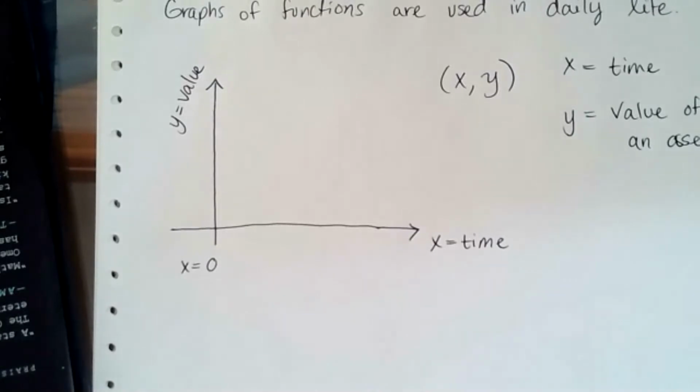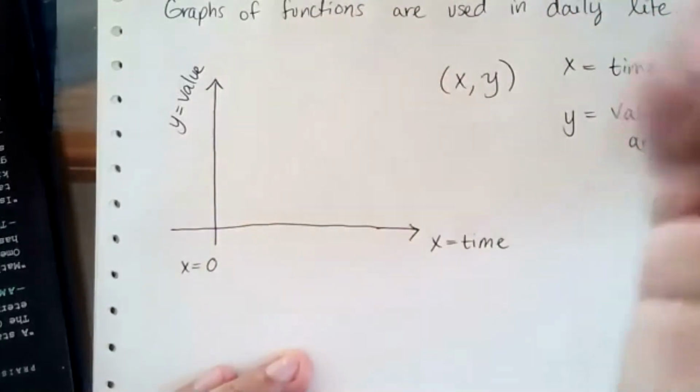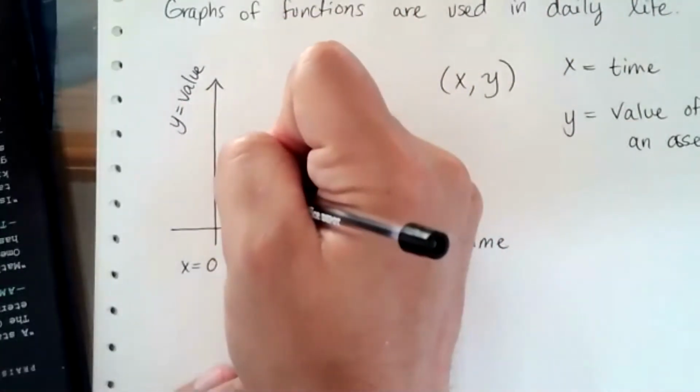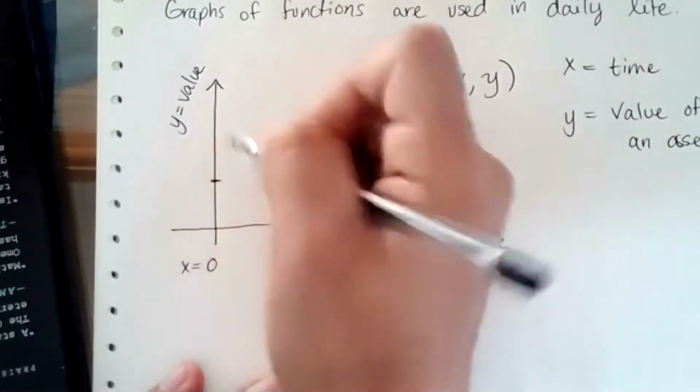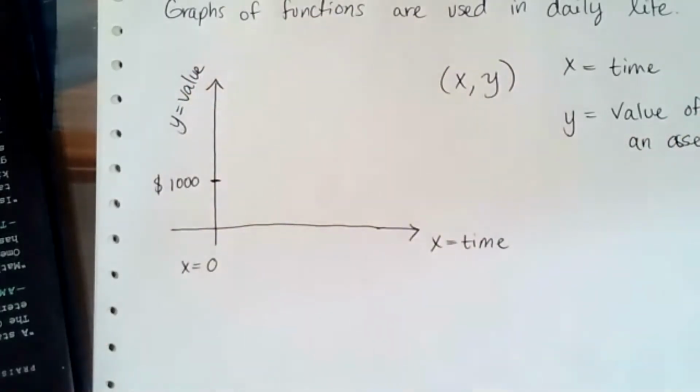And usually in real life, you might fund, let's say, a retirement account at maybe $1,000 to start, because you had that on hand and you just wanted to throw it into your retirement account and get that started early.